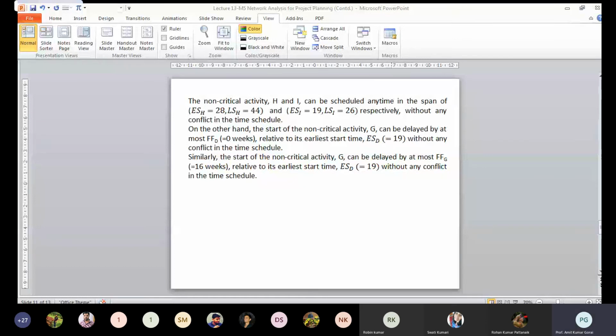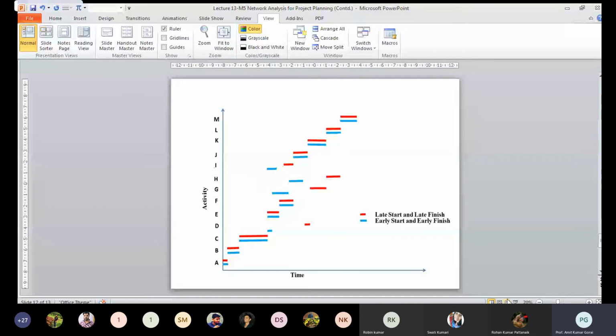Now come to this diagram, which is just a Gantt chart. You can see from here, based on the early start and early finish of each job and the late start and late finish, how you can delay a job.